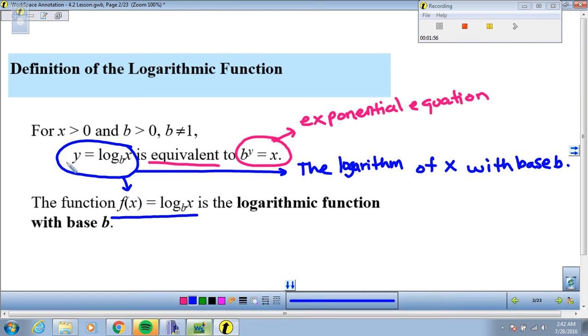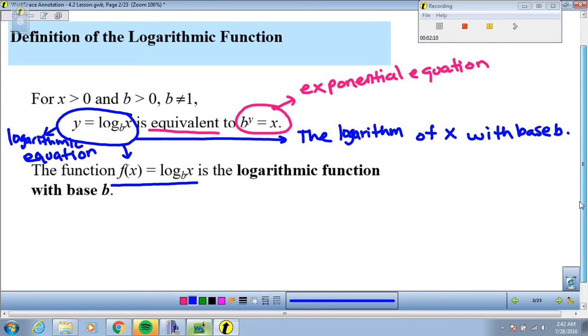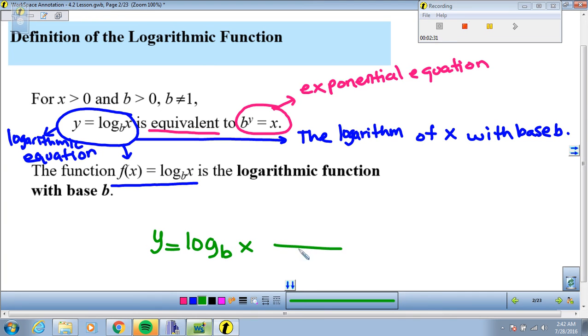This is called, as you already see, a logarithmic equation. You have to know that there will be problems later where you have to rewrite back and forth from logarithmic form to exponential form, or from exponential form back to logarithmic form. So the two ways of writing an equation, logarithmic or exponential, are interchangeable.